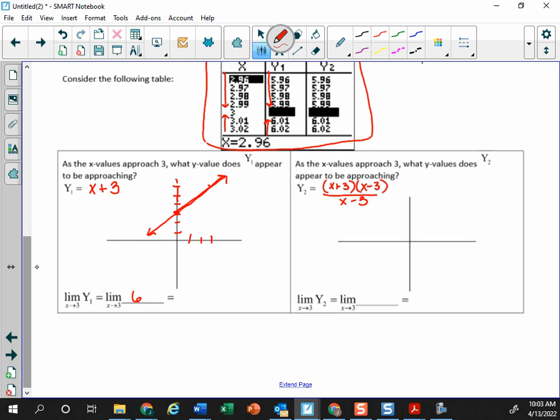These cancel out and create a hole. Where is that hole? I know it's when x equals 3, but what's the y value? Yes, it is at 6. So if I were to graph this equation, I've got a point, and I know I have a hole happening up here. There's my line. Hopefully your line is prettier.